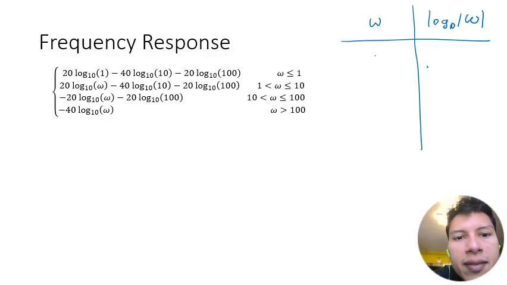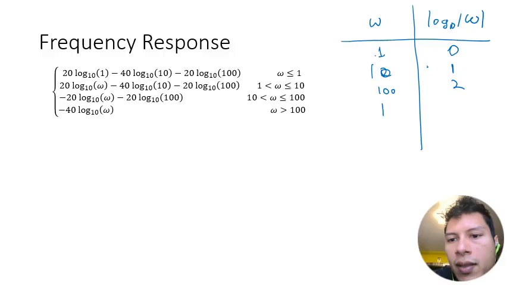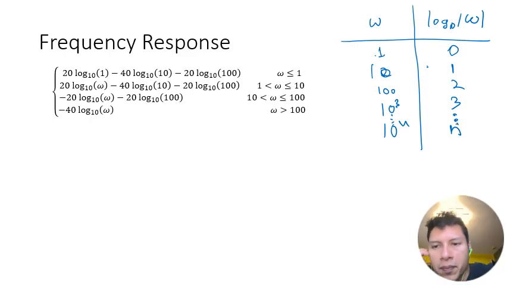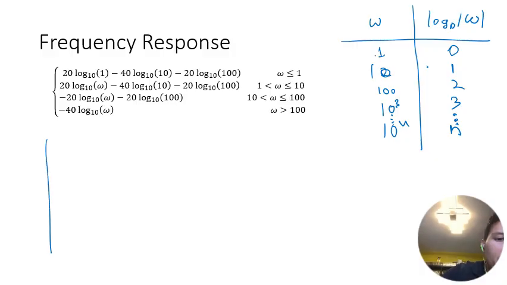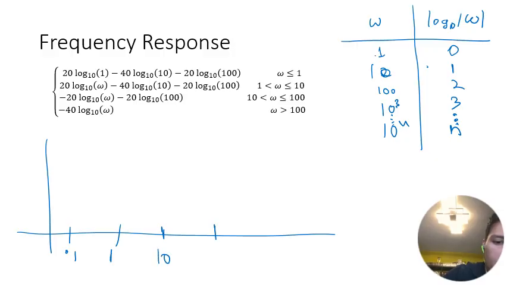So if omega is 1, then it's 0; if omega is 10, then it becomes a 1; 100 gives 2; 10 to the 3 gives 3; and 10 to the n gives n. Okay, so now let's make this plot. We're going to start here at 0.1, then go to 1, then to 10, then to 100, and then to 1,000.